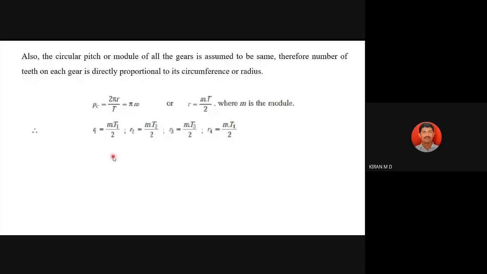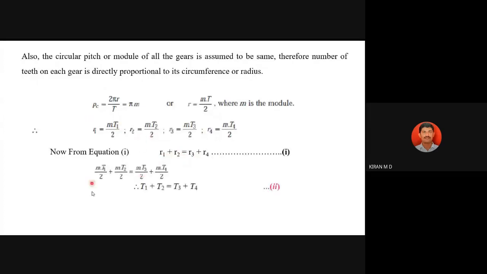Now we know equation 1, that is R1 plus R2 is equal to R3 plus R4. Substituting these values: m T1 by 2 plus m T2 by 2 is equal to m T3 by 2 plus m T4 by 2.